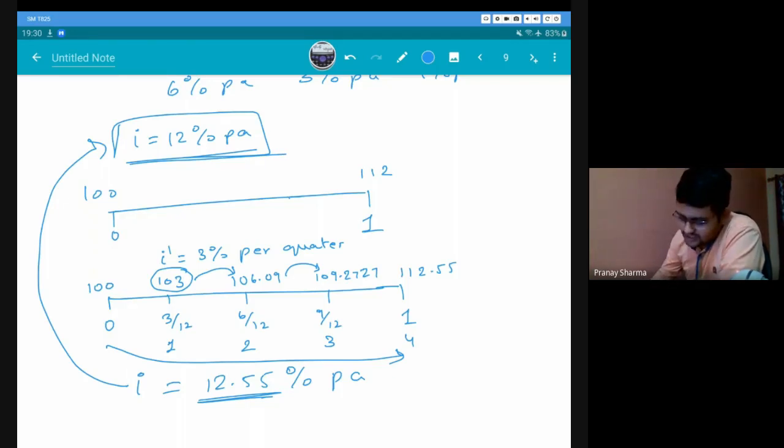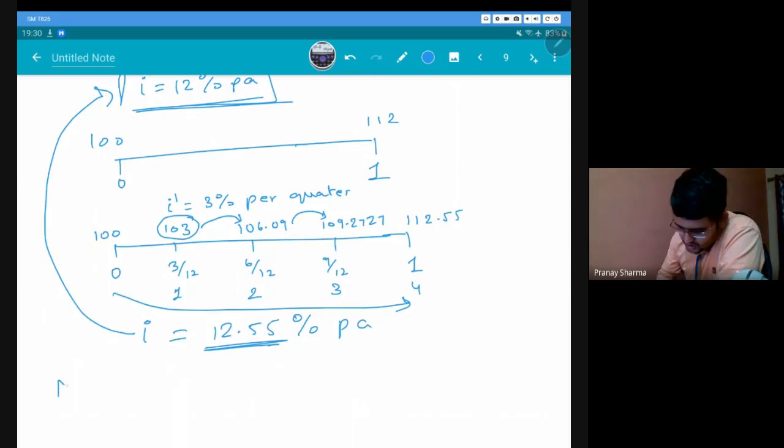Now this concept is called nominal rate of interest. Obviously I can tell you that the interest rate is 12.55.